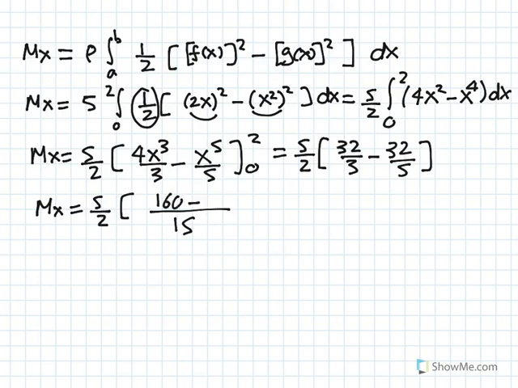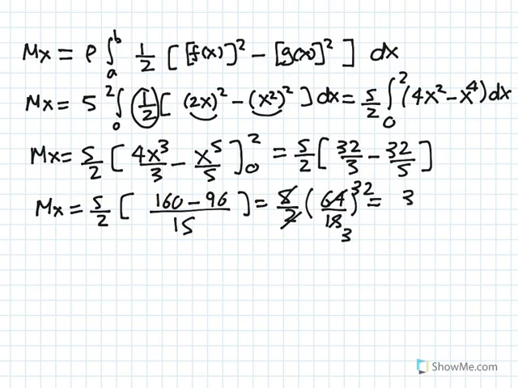Minus 5 goes into 15 3 times 32 is 96. So we get 5 over 2 times 160 minus 96 is 64, divided by 15. If we simplify this, 2 goes into 64 32 times, 5 goes into 15 3 times, we get 32 divided by 3.